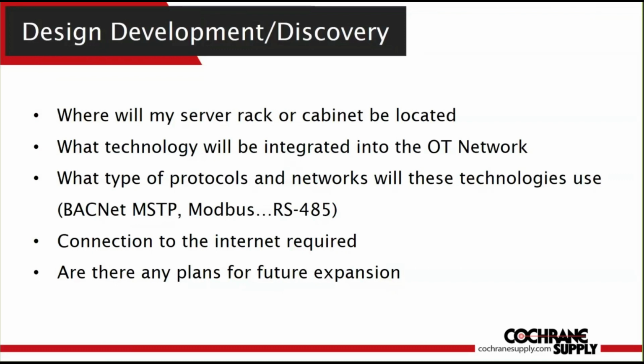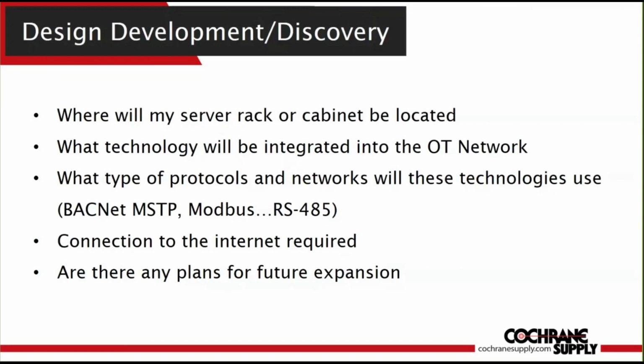Or you may have a combination of IP and BACnet MSTP. So you may have BACnet IP devices and BACnet MSTP devices in one job. If you're doing generators, there may be Modbus, but you're going to want to tie down what type of protocols and networks these technologies will be using, because this is all going to be important information when you're trying to design your network.